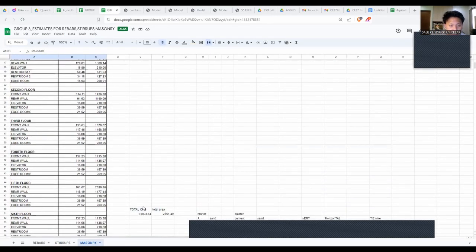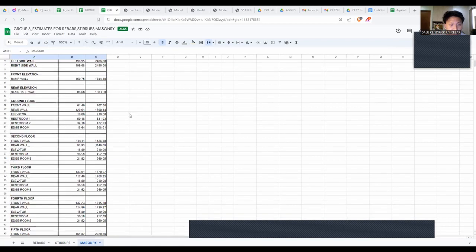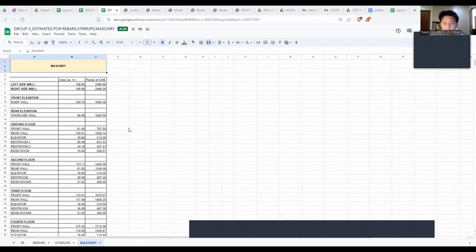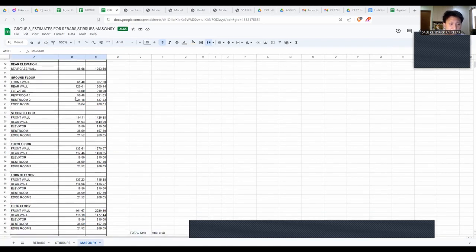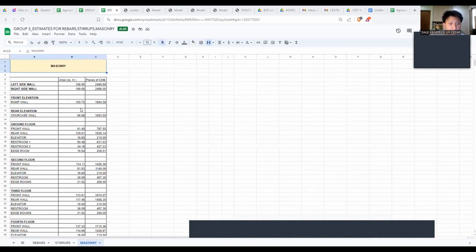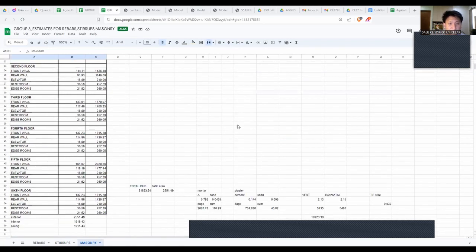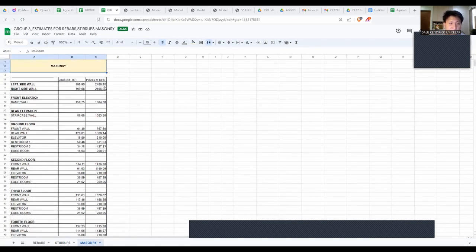So first, the total number of CHBs. What I did first is get the area of each wall, and then I multiply it by 12.5 to get the number of CHB pieces.